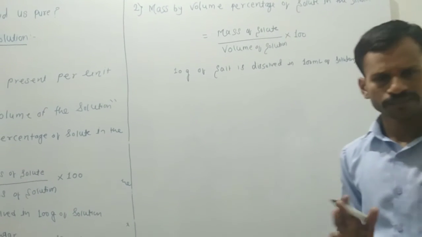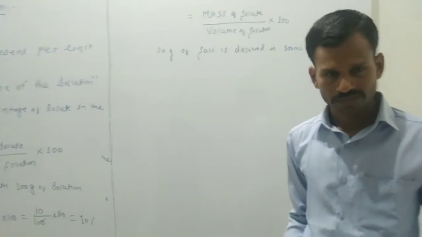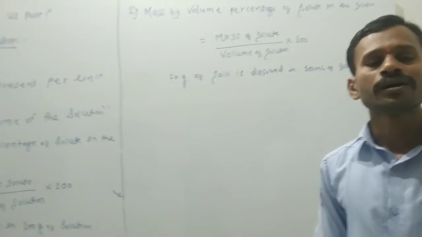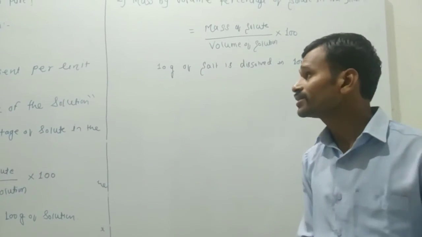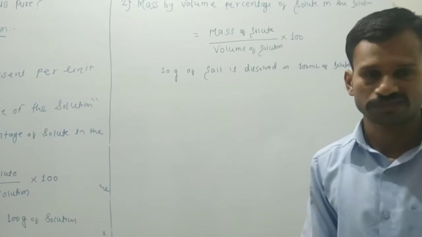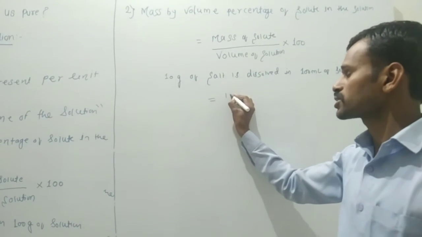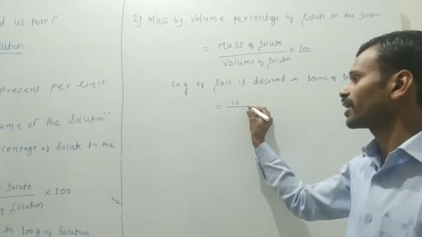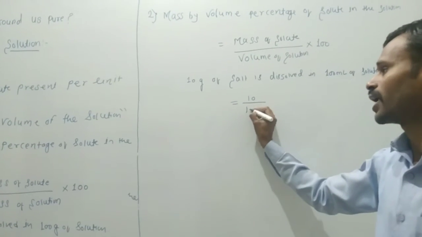The units gram per milliliter, gram per liter, and kilogram per liter are also used. Here the mass of solute, the salt, is 10 grams, and the volume of solution is 100 ml.